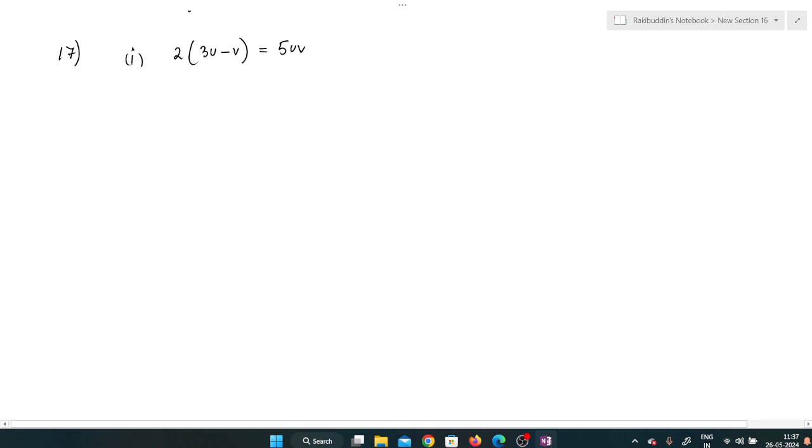Okay, so from here if you simplify it, the two equations are, one is 2u plus 3v equals to 5uv. So if you simplify, it becomes 6u minus 2v equals to 5uv. So now look here, this equation is not a linear equation. How?